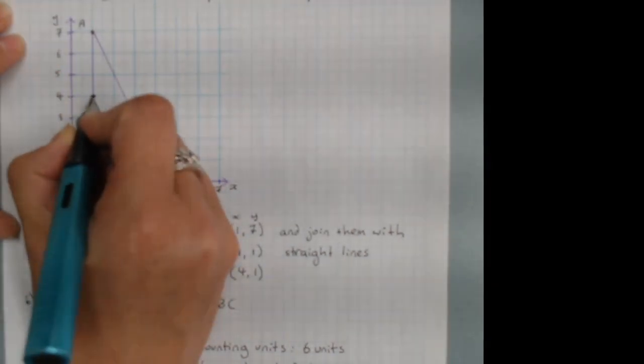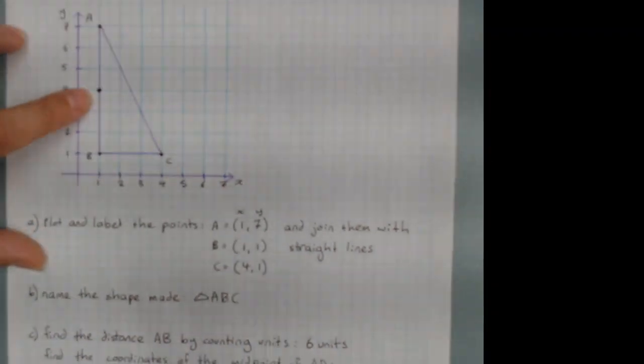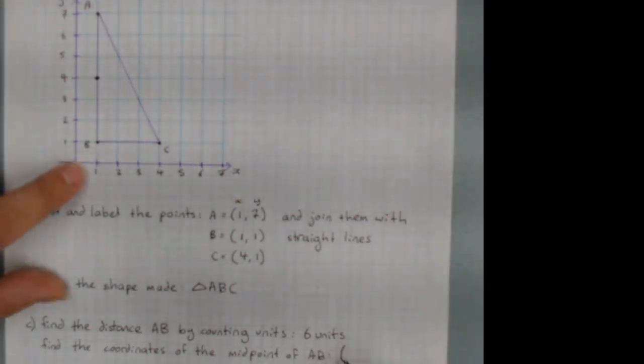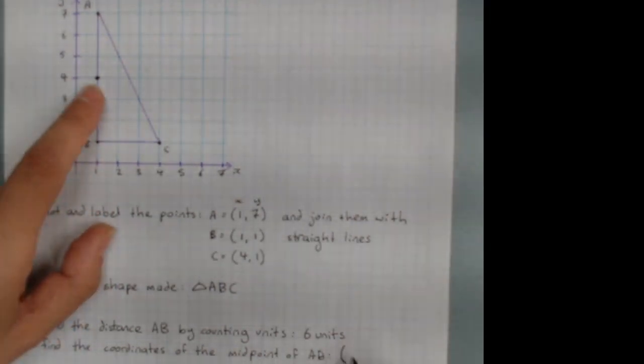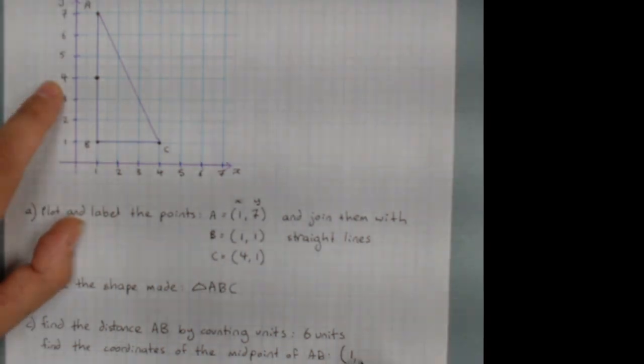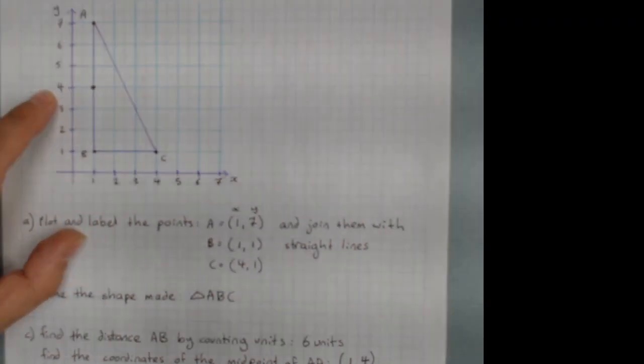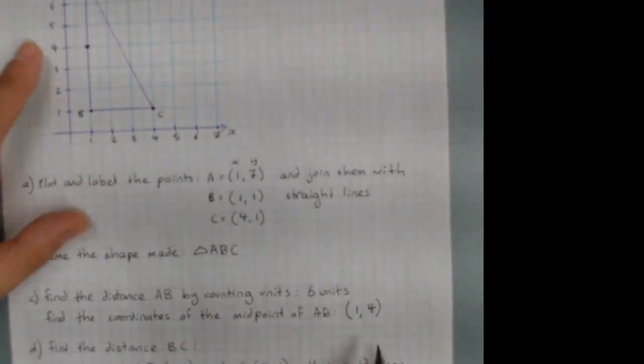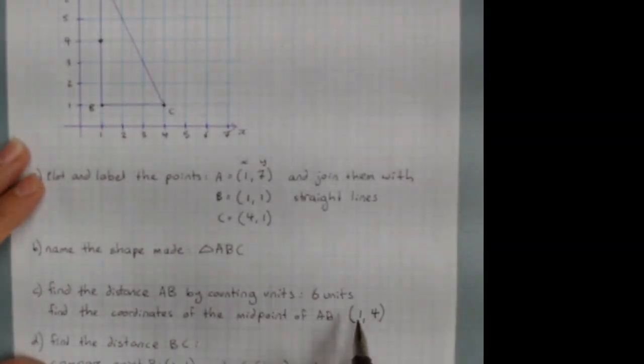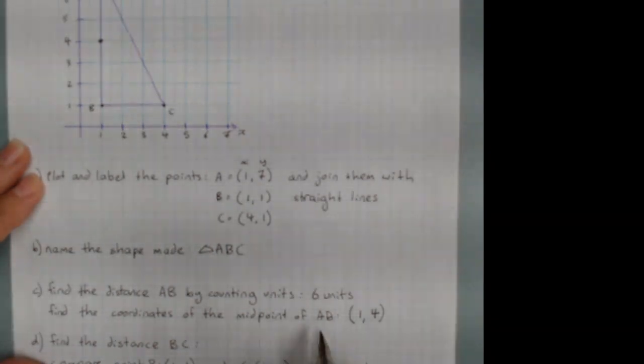This is our midpoint, and the coordinates of that midpoint in brackets, the x coordinate first, 1, and then the y coordinate, 4. So we've learned about a midpoint, the point that's in the middle between two other points.